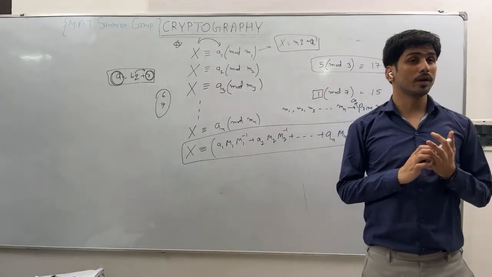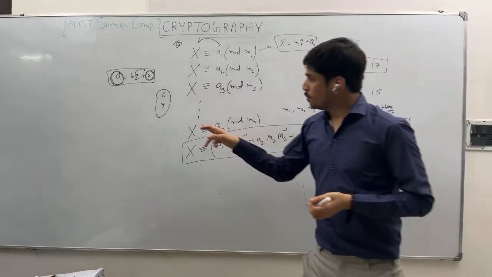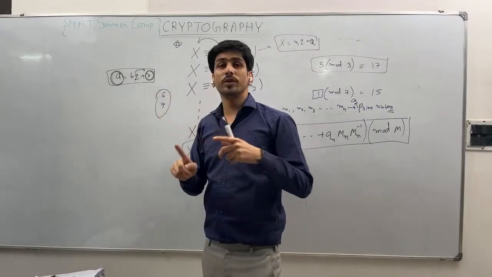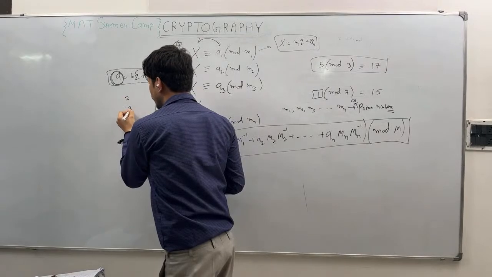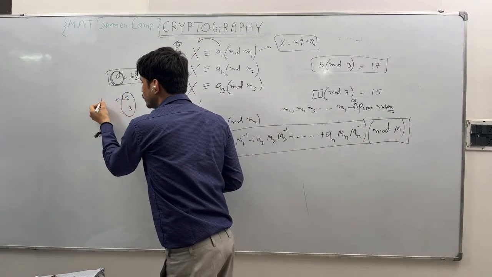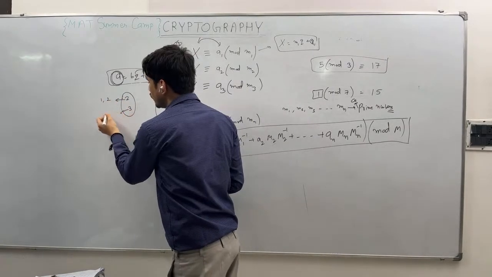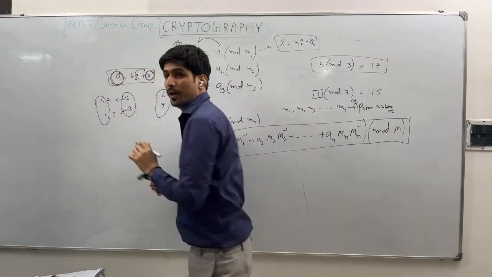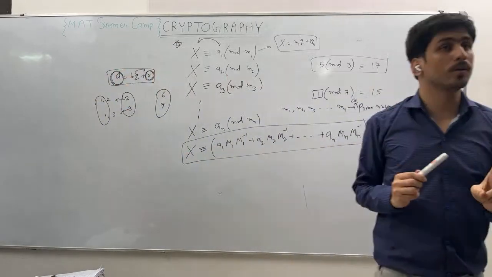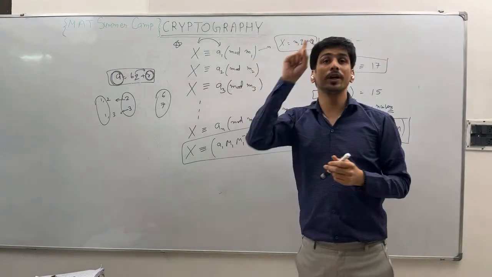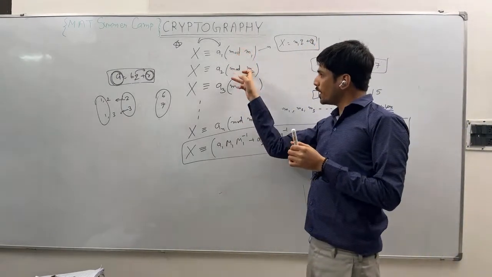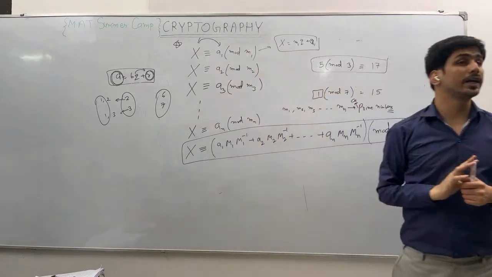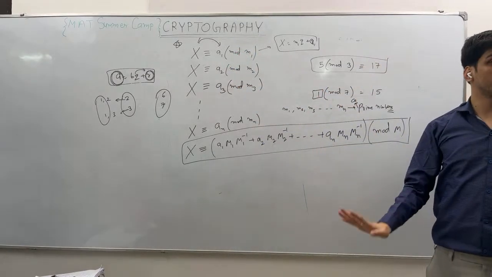Co-prime means there should be no common divisor except 1. Let's say 2 and 3. The divisors of 2 are 1 and 2, the divisors of 3 are 1 and 3. What is common? 1. So two numbers are called co-prime if 1 is the only common divisor between them. Similarly, m1, m2, m3, whatever numbers we are writing, all have to be co-prime. Is it clear?